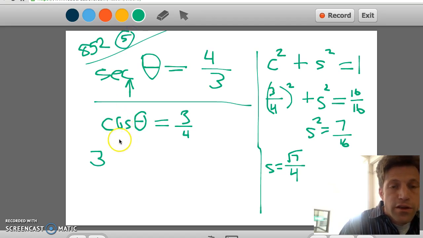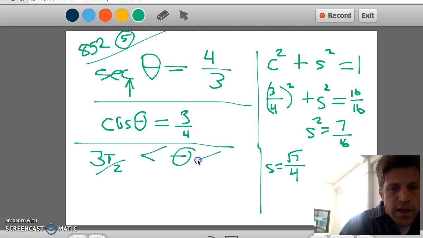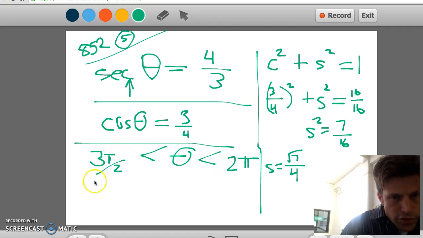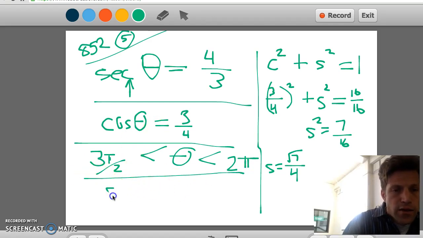And now we just solved that sine would be square root 7 over 4, but hang on, the problem states that 3π/2 is less than theta is less than 2π. That means, what quadrant are we talking about? We're talking about the fourth quadrant, where sine is negative, cosine is positive. So sine is negative root 7 over 4.